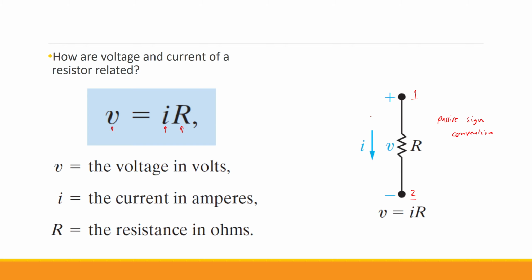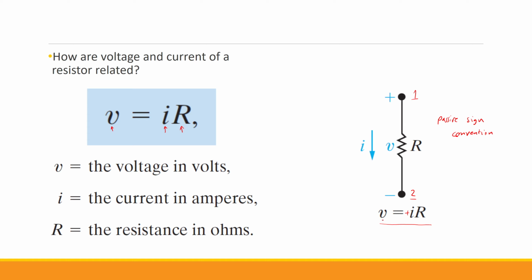So if the direction of the current is in the direction of the voltage drop, for any equation that we have, we use a positive sign for that specific equation.